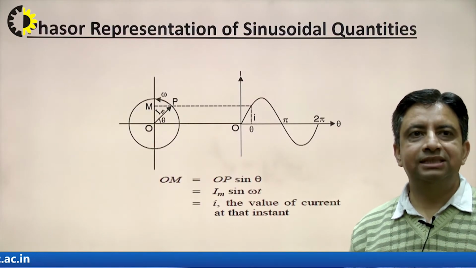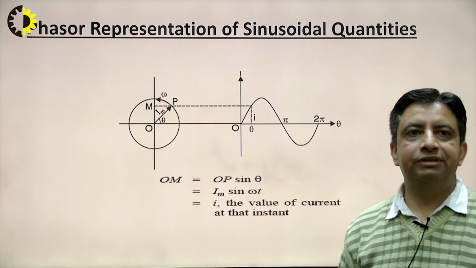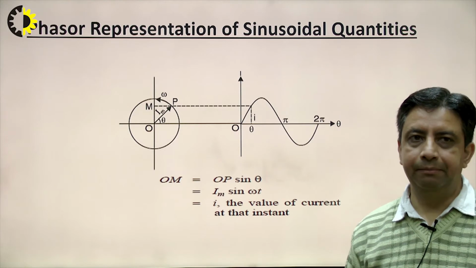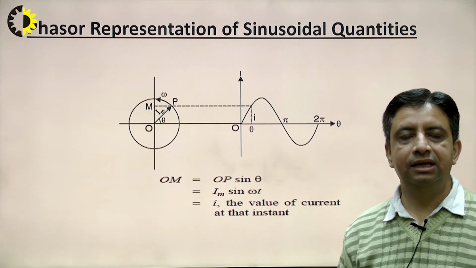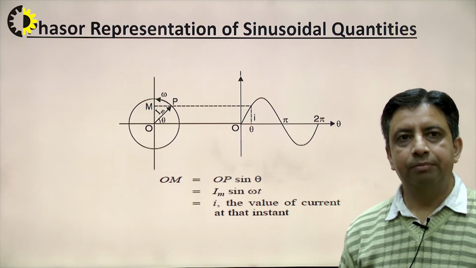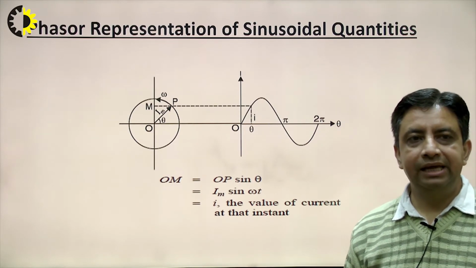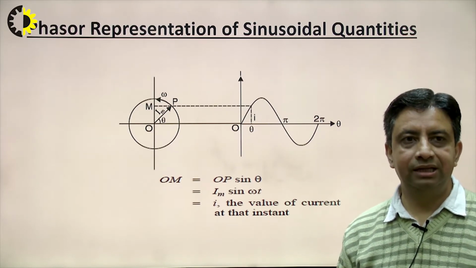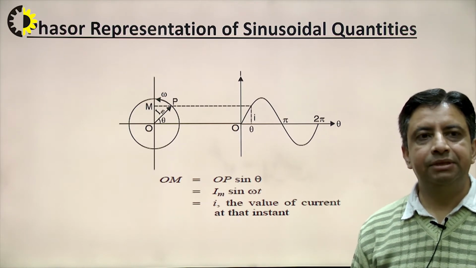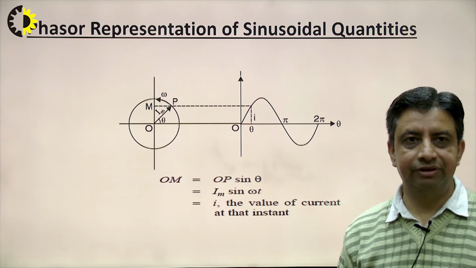As you can see here, the amplitude of this particular waveform will be represented by Im, because in the earlier lecture we have seen an alternating current waveform can be represented by i equal to Im sin omega t, where small i is the instantaneous value and Im is the amplitude of this waveform.